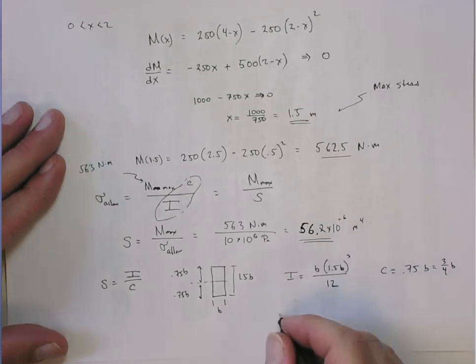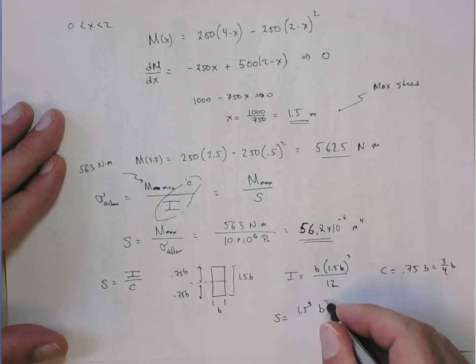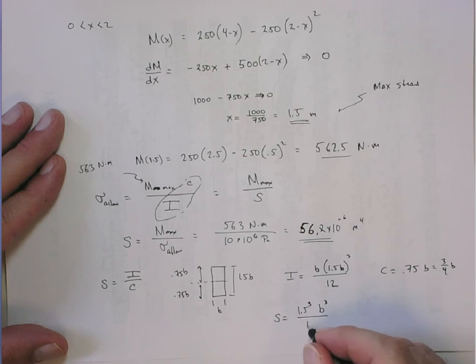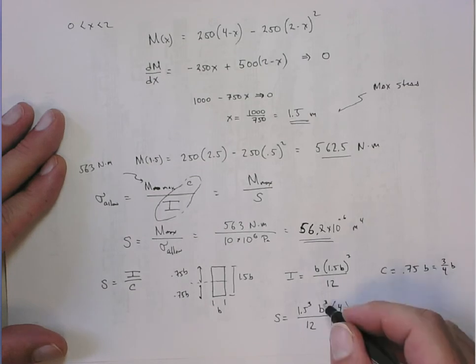So that gives me S is in fact equal to, here I have 1.5 cubed B cubed over 12 divided by C, which is 3/4 B, right? That's 1 on C. The B will cancel out with one of these and gives me a squared.